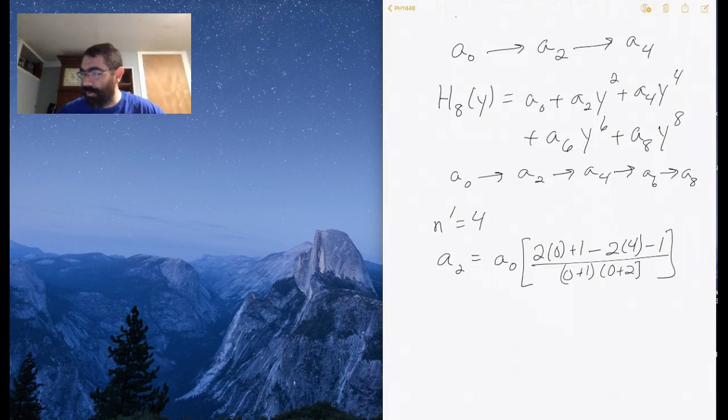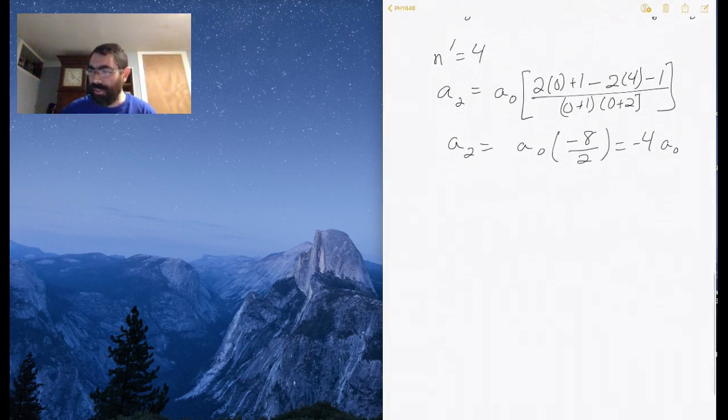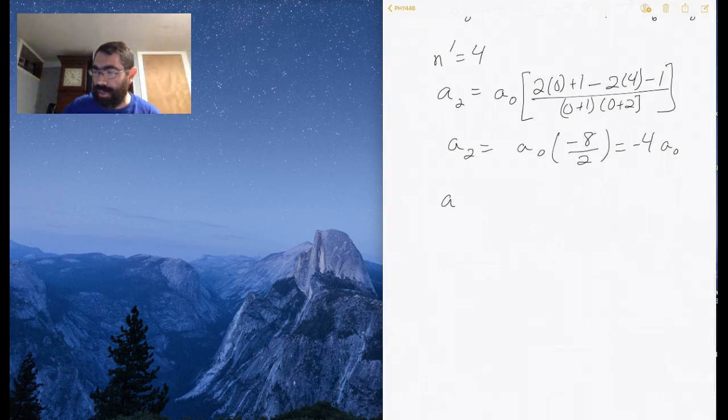And then if you work it out, you get a sub 0, and then you'd have minus 8 over 2, so minus 4 a sub 0. That is what you would get for that coefficient. Now, if we work out the a sub 4, that's going to be related to a sub 2. In this case, the n is 2, but the n prime is still 4.